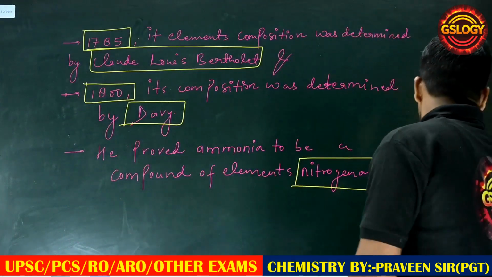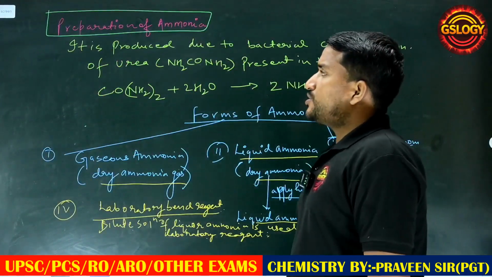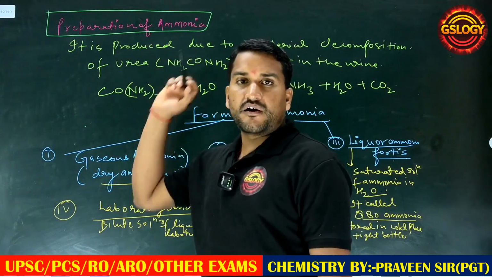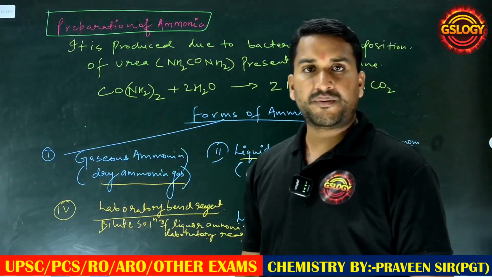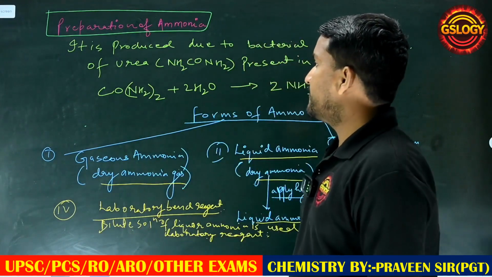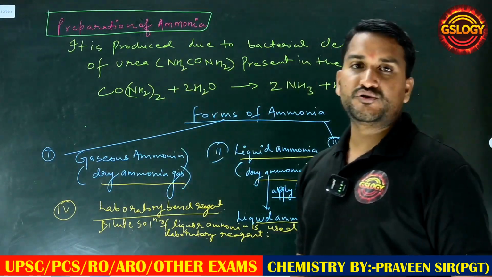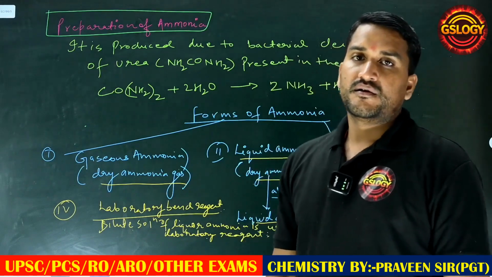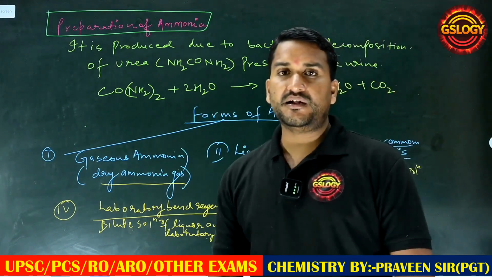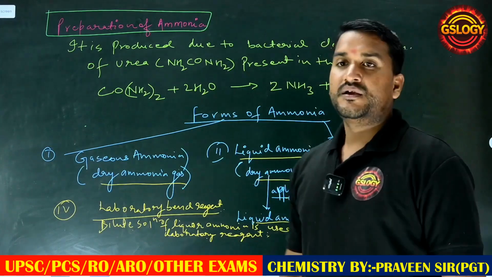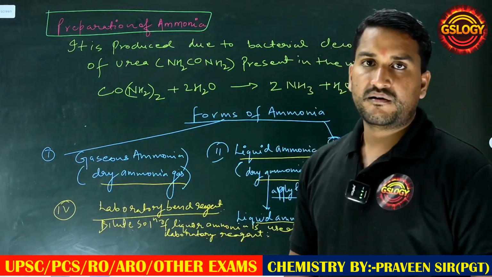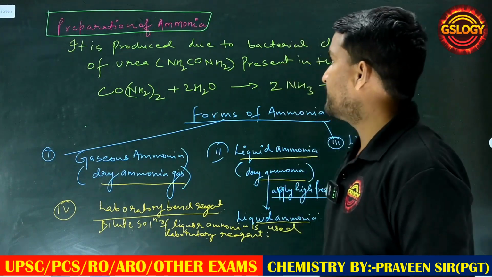Next topic is the preparation of ammonia. It is produced by the bacterial decomposition of urea. So by the process of bacterial decomposition of urea, you can obtain ammonia gas.